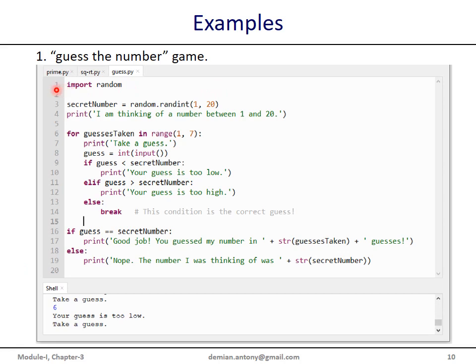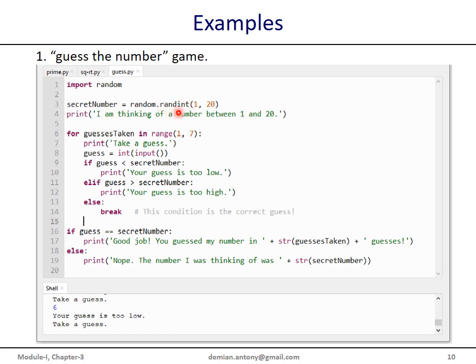This is the program where we import the library called random. This random library has a number of random number generation functions. In this program, we will use the function called random integer, randint.